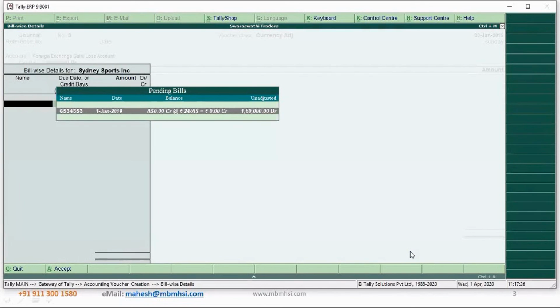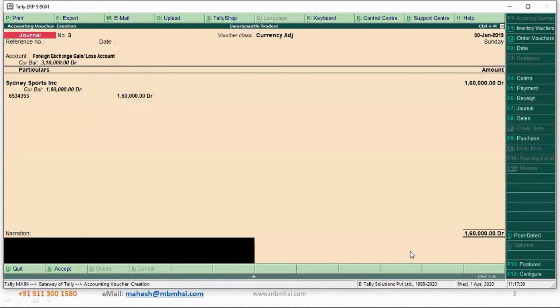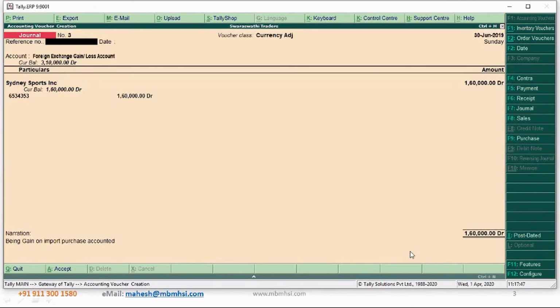As 1.6 lakh. Adjust this. Being gain, this is not loss. Gain on import purchases accounted. Voucher value doesn't match.